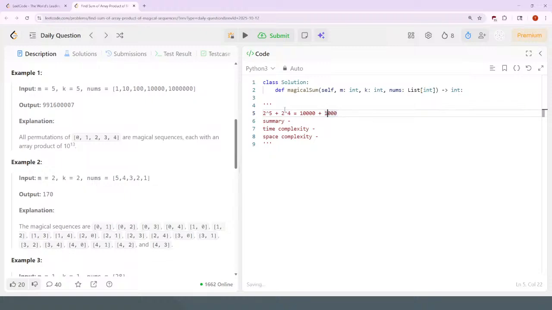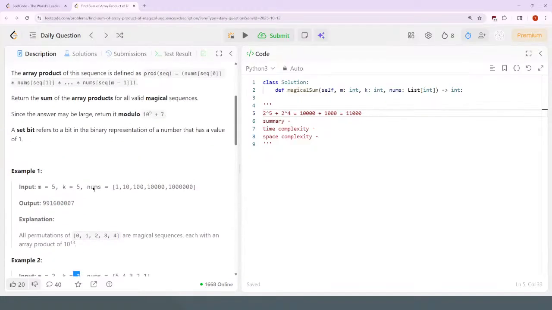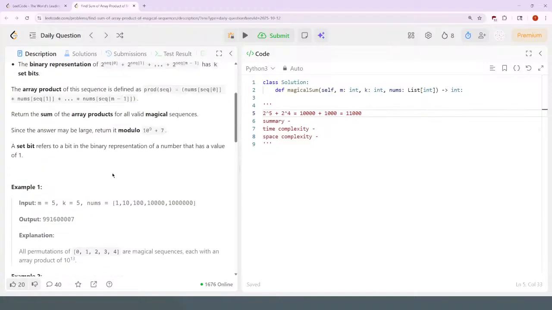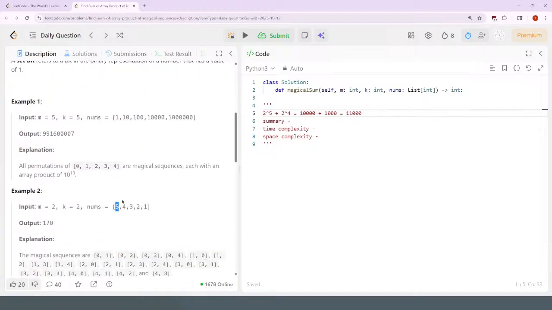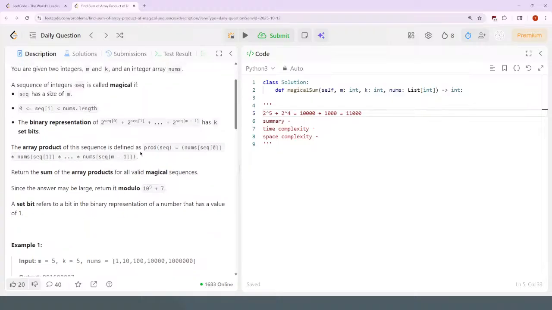So that's 1, 1, 0, 0, 0. So that's how k is equal to 2. And so you would take 5 times 4. Sequence of 0. I'm doing something wrong here.